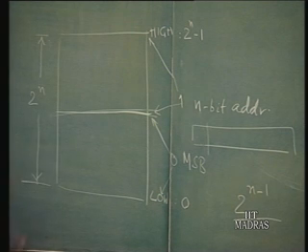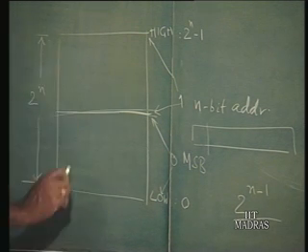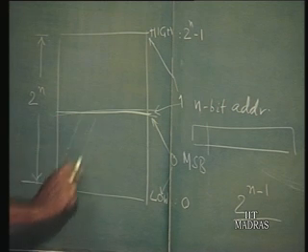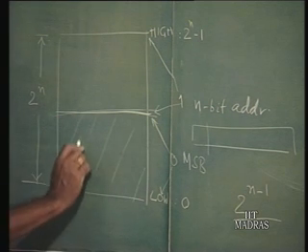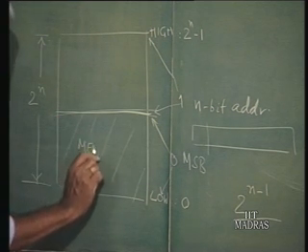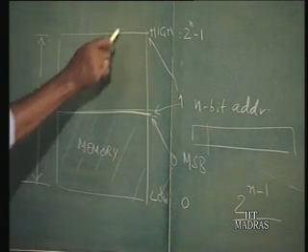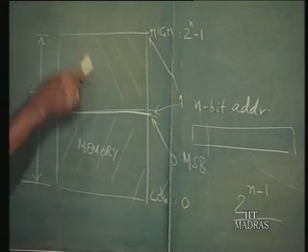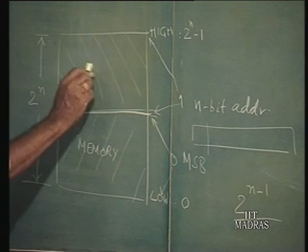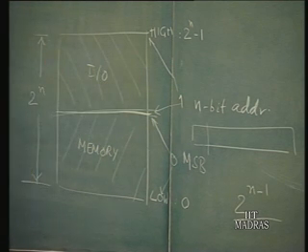Now, suppose I allot this low space for memory and this high space, let us say, for I/O. What does it mean?